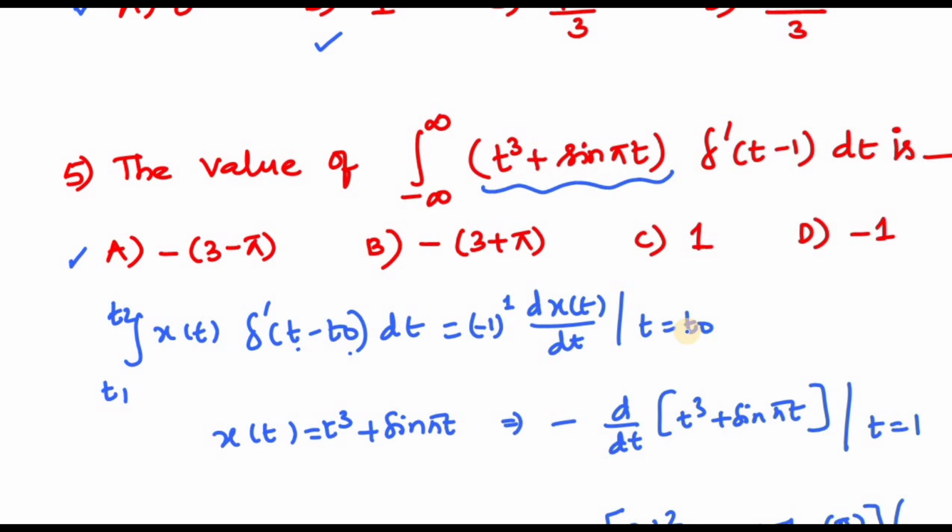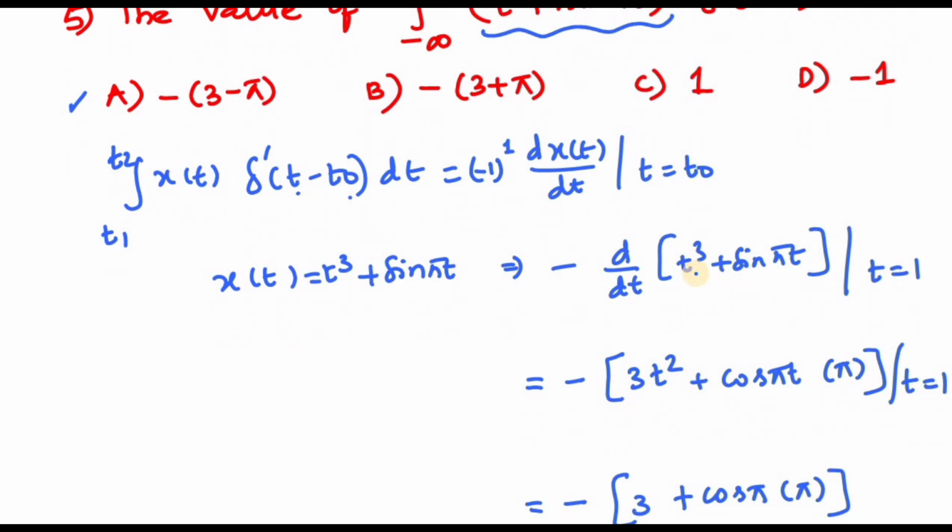So if I solve this one, right? So here the x of t is nothing but t power 3 plus sine pi t, right? So I can write minus d by dt of t cubed plus sine pi t, where t naught value is nothing but 1 here. So if I differentiate, I will get 3t square plus cos pi t into pi, where t value is equal to 1.